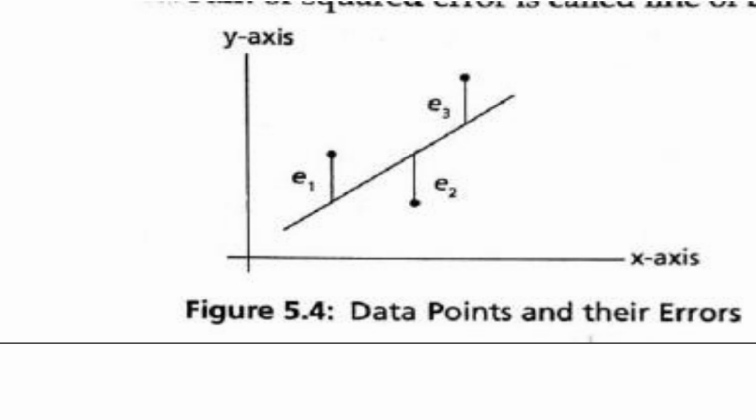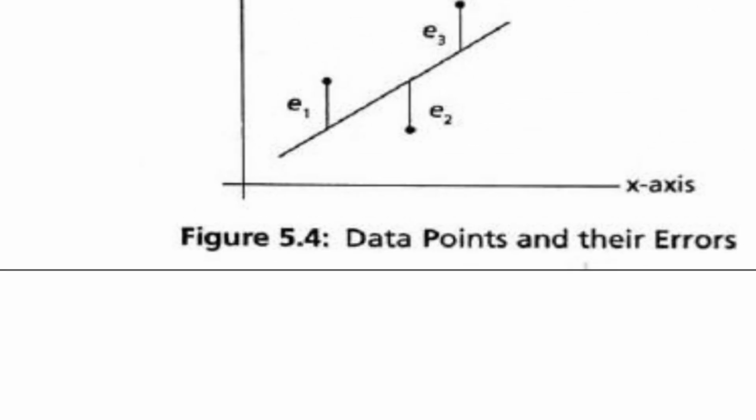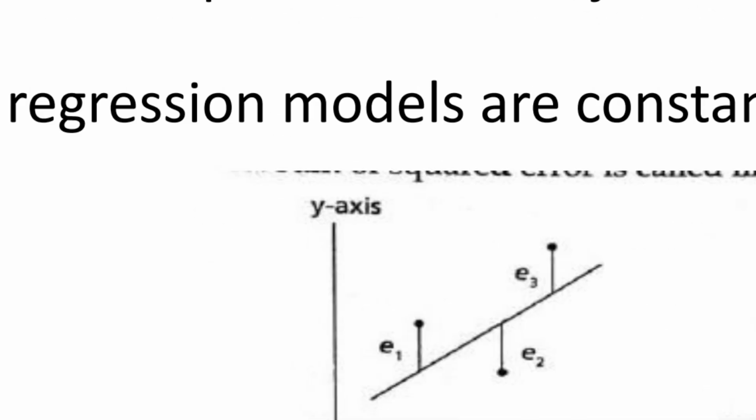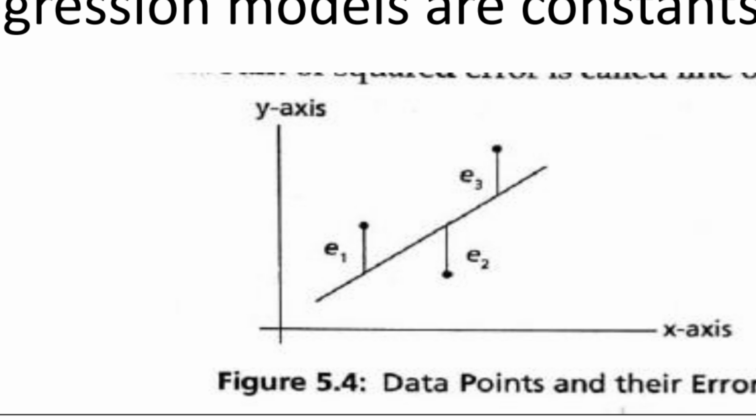That line indicates the actual output, and the difference between that point and the perpendicular to it on the line is called error.